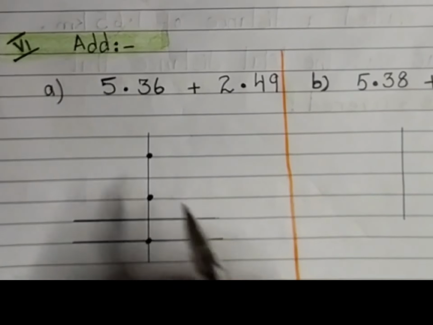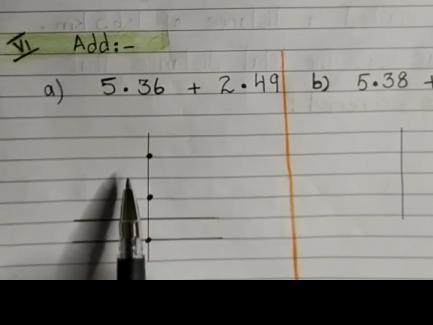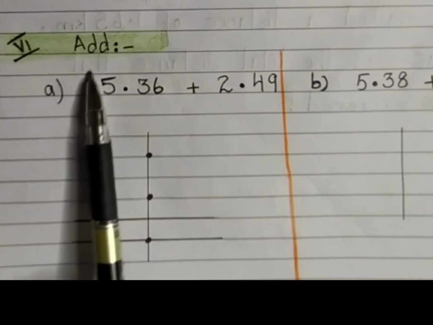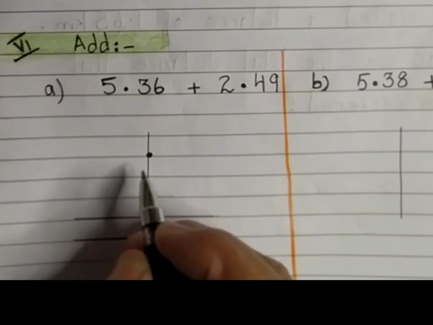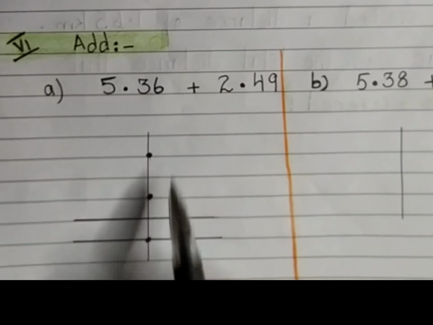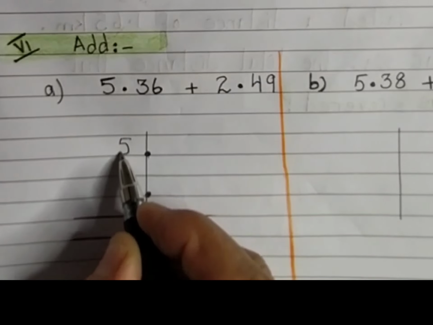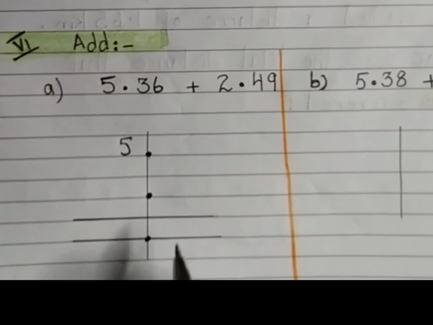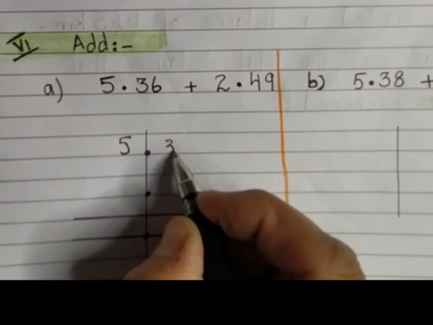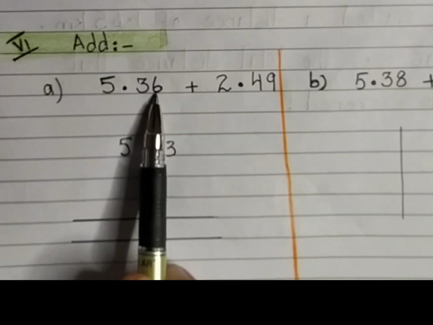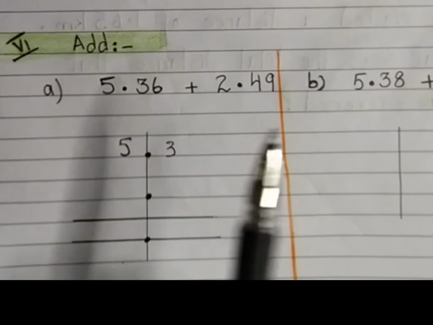Yeah. Now let's fix the whole numbers on the side. First digit that you see here is 5.36. So I'm going to write down 5 before the decimal point. And what is standing in the 10th place? 3. And what is standing in the 100th place is 6.